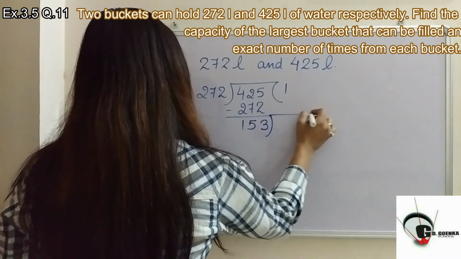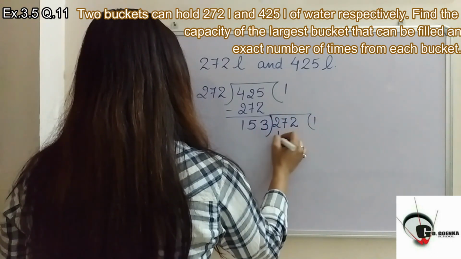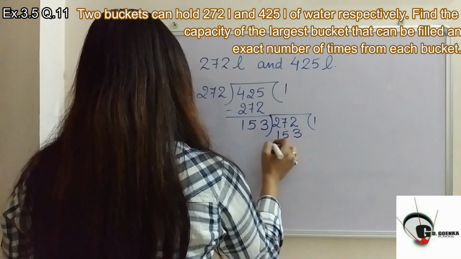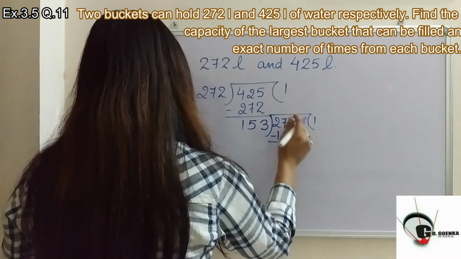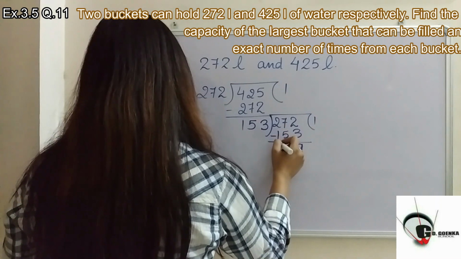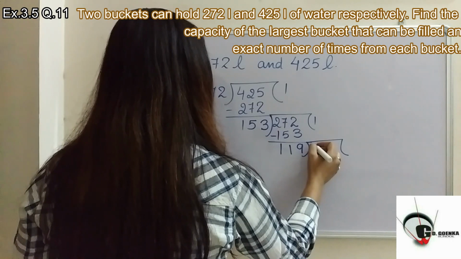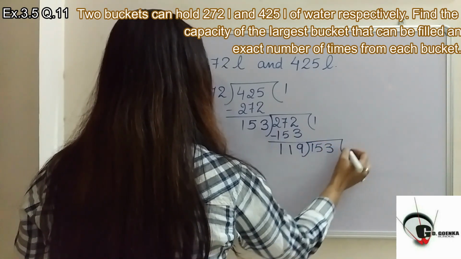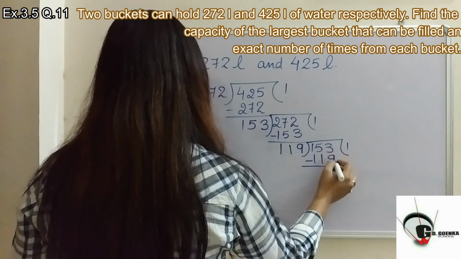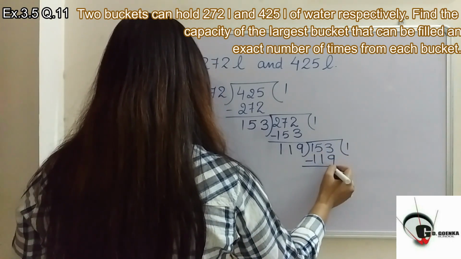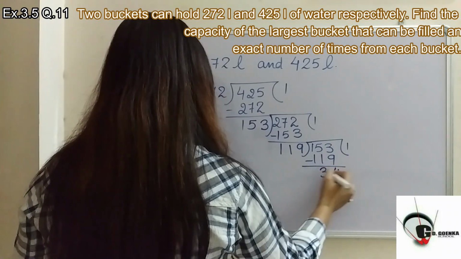Now 272 is divided again, ones are 153. Subtracting, we get 119. Again this 153 will become the new dividend, ones are 119. If we subtract again, we will get 34.